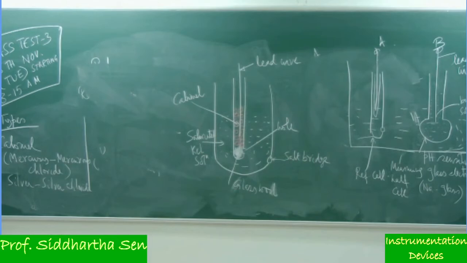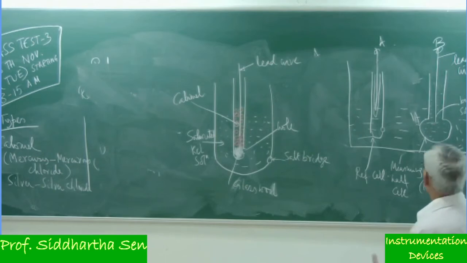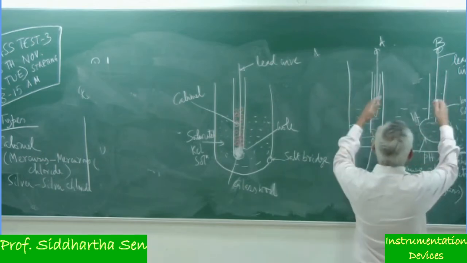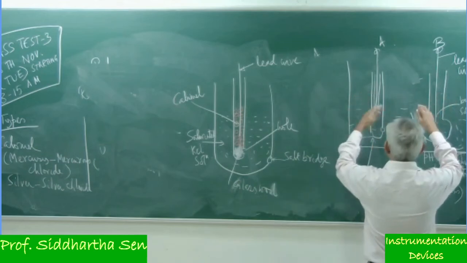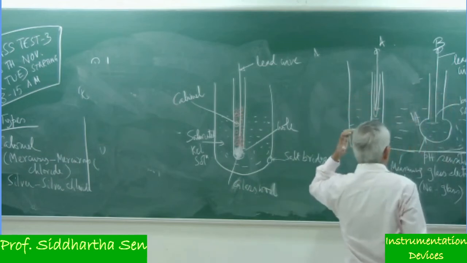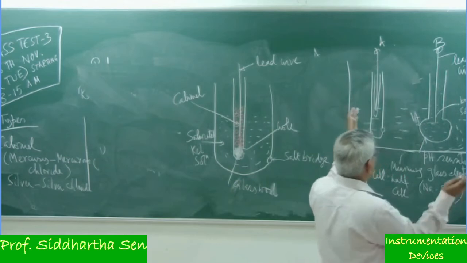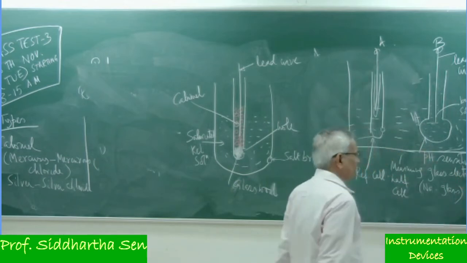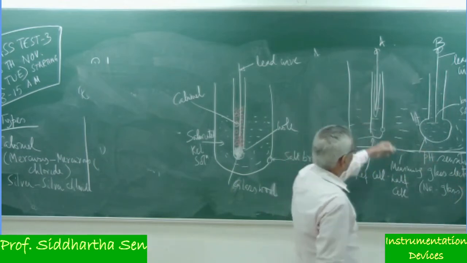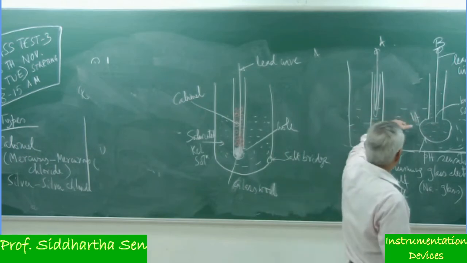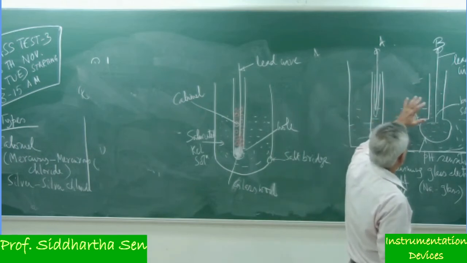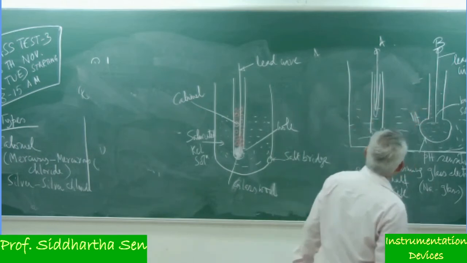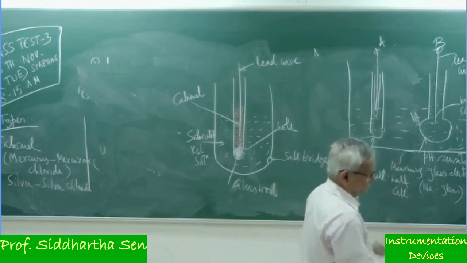But there is another catch which we need to consider. The reference and measuring cell can be separate, or they can be housed together in a combination electrode, but both of them should be in touch with this one solution, and we get a voltage there.